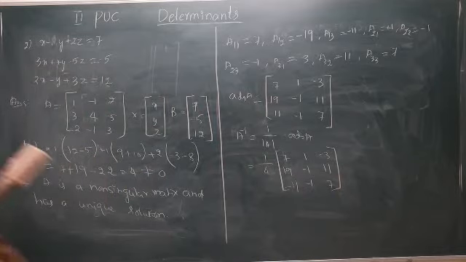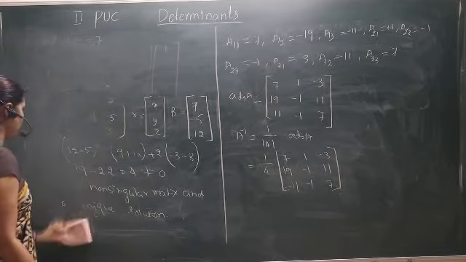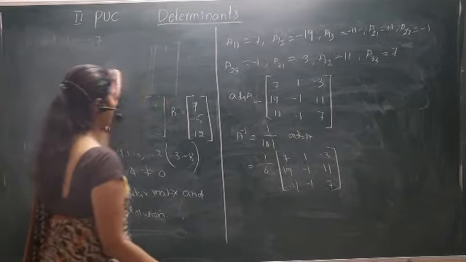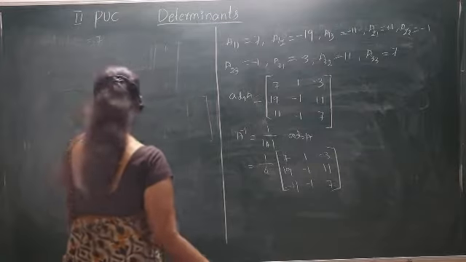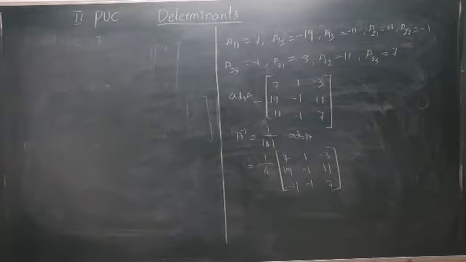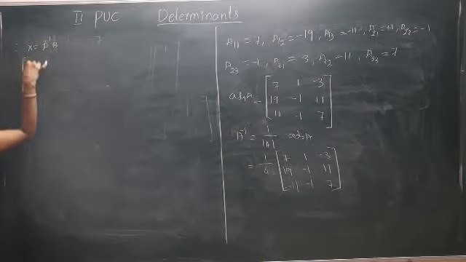After that we have to find out the value of x. So x is equal to A inverse B. X can be written as x, y, z.